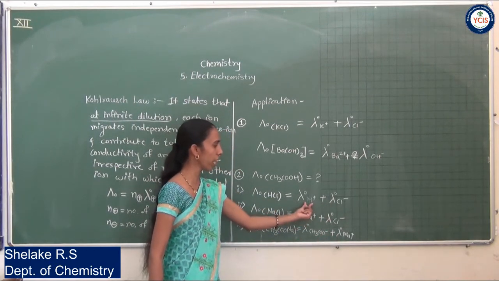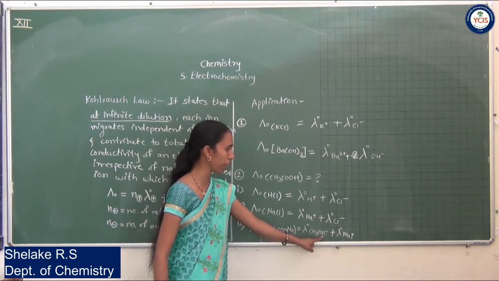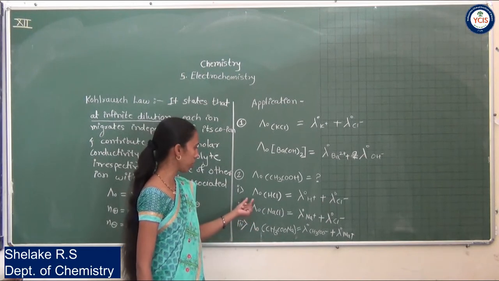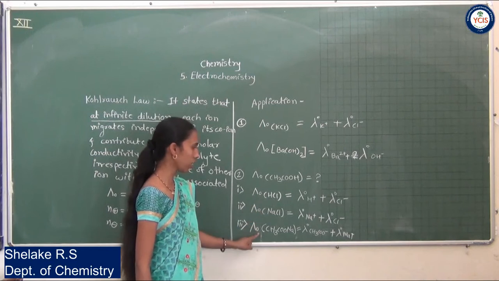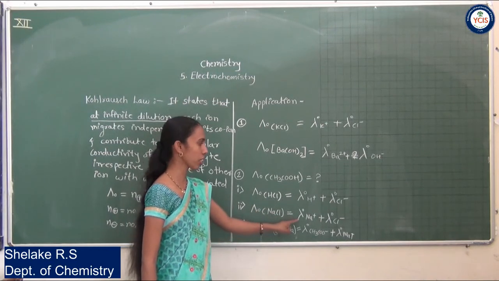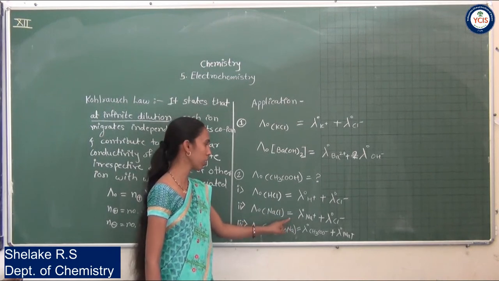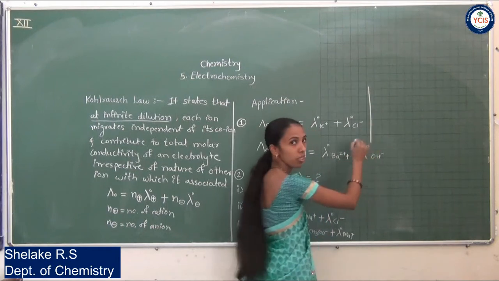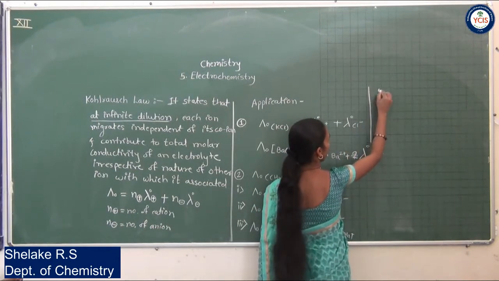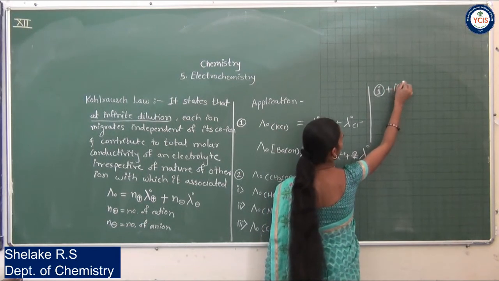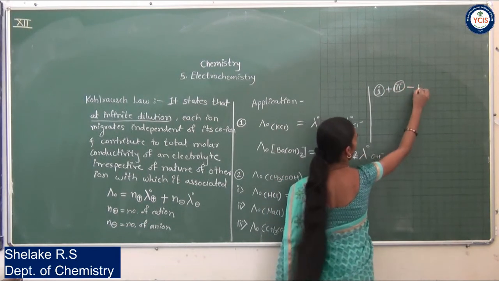We want only H plus and CH3COO minus. So we have to add the first and third equations, and subtract the second equation. So I will write here: by adding equation 1 plus 3 and subtracting equation number 2.